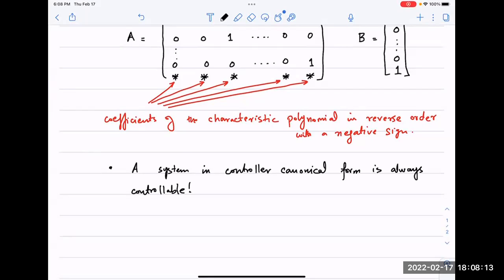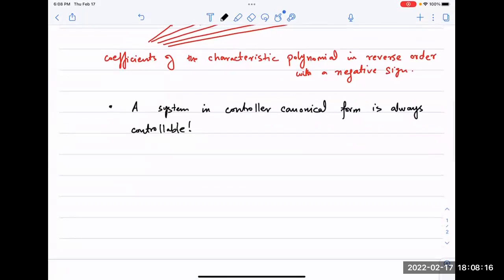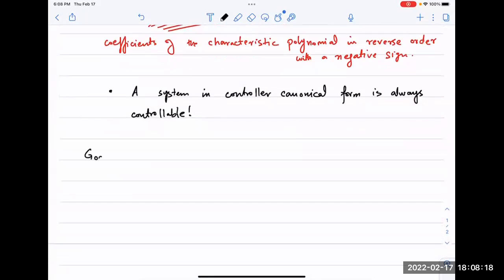We have seen all these things earlier. Now, with this lecture, we have primarily one goal in mind, which is to assign arbitrary closed loop poles of a controllable system.